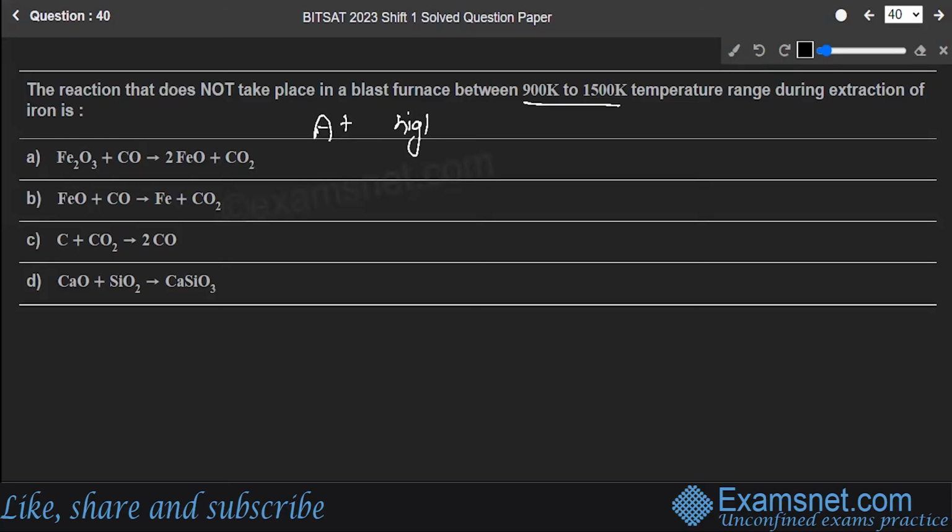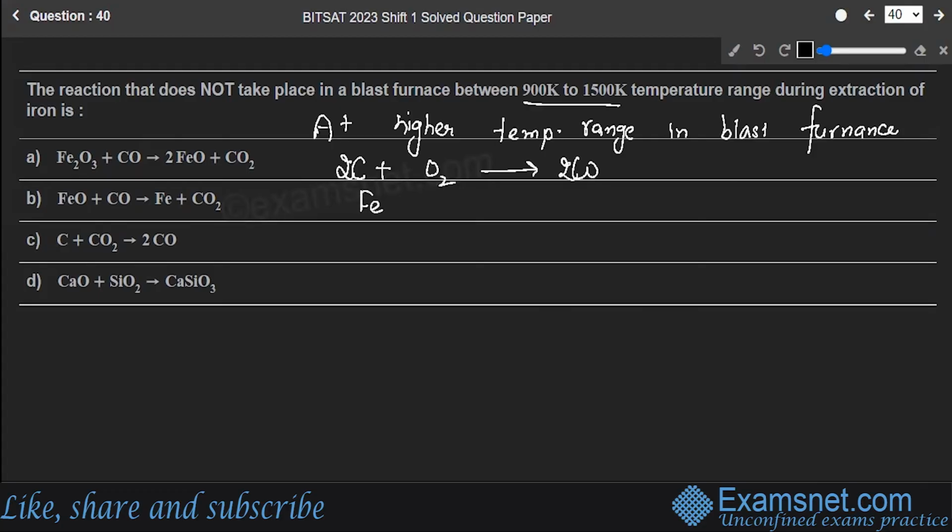At higher temperature range in the blast furnace, some of the reactions that take place are carbon plus oxygen gives you carbon monoxide, and iron oxide plus carbon monoxide gives you iron plus carbon dioxide. Calcium oxide and silicon dioxide give you calcium silicate. Here you have the slag formation.